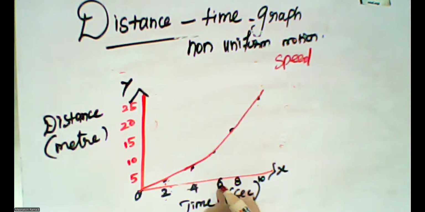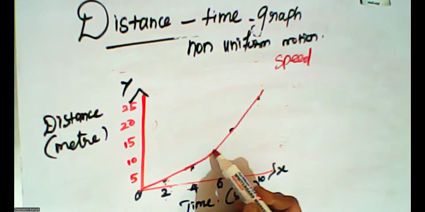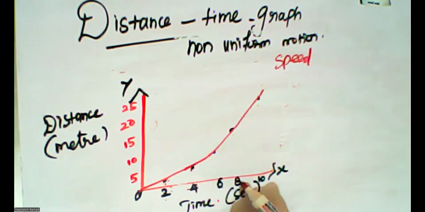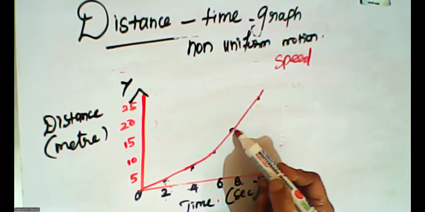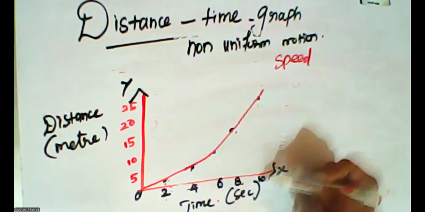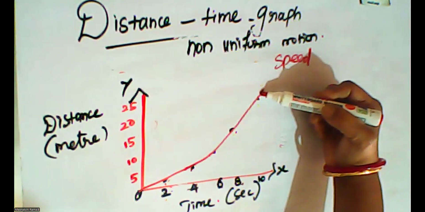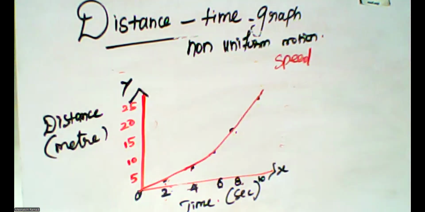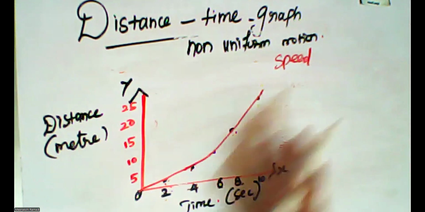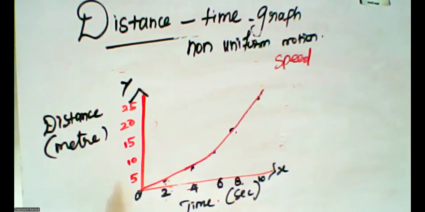At the 6th second he crossed nearly 10, that is 9 meters, and next, at the 8th second he crossed nearly 15 meters. At 10 seconds he crossed more than 20. So the speed of the vehicle is not equal. So this is the difference between uniform and non-uniform.